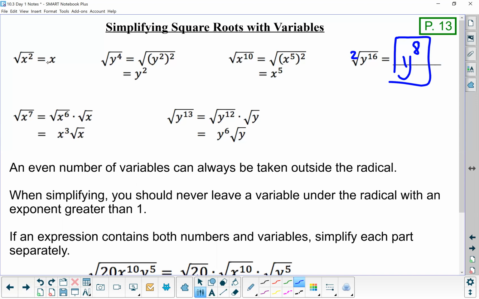So 6 is even and less than 7. And then we're going to get a square root of x multiplied by it. The square root of x to the 6th simplifies into x cubed. And we have that square root of x left. So if the power underneath the square root is odd, you're going to end up with a square root of the variable.